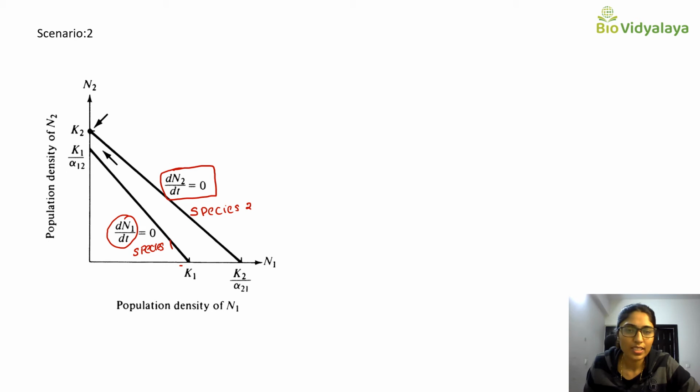Here you can see that K1 is lesser than K2 divided by alpha 21. And here K2 is greater than K1 divided by alpha 12.